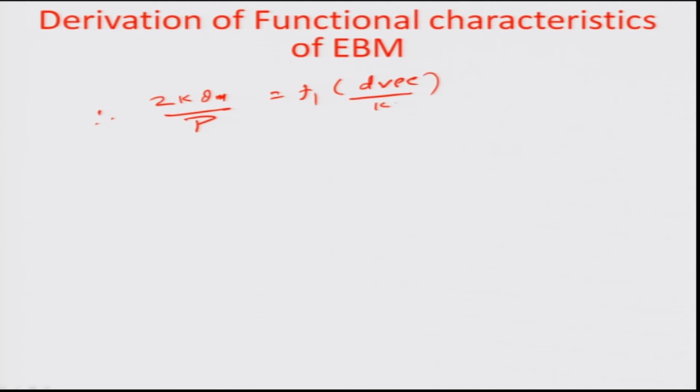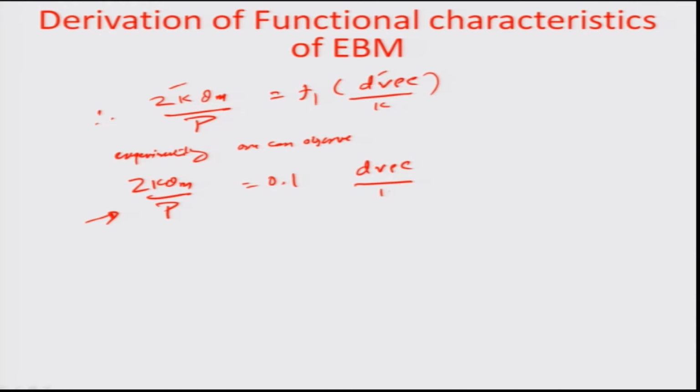Okay. And now you can actually have a predetermined experiment. So, experimentally one can observe that the actual Z k theta m by power P is nothing but 0.1 times (d v rho c by k) to the power of minus 0.5.